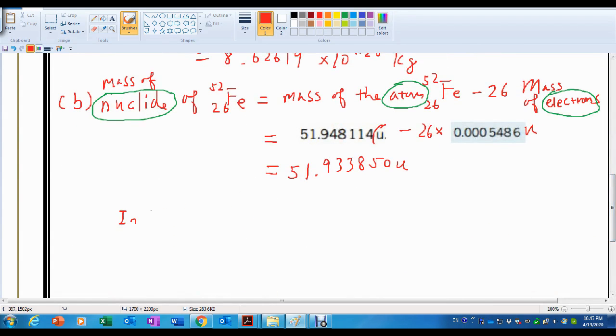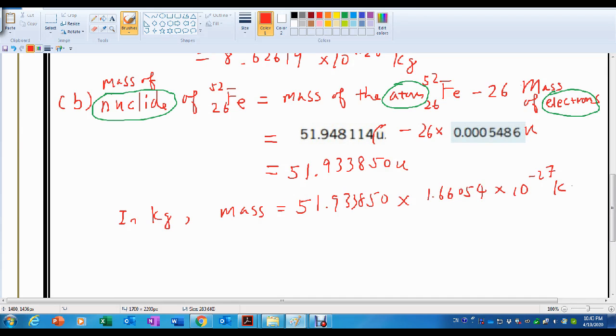So in kilogram, mass would be this one times the mass of 1 U, right? And that will give you the answer. Hopefully that makes sense, right?